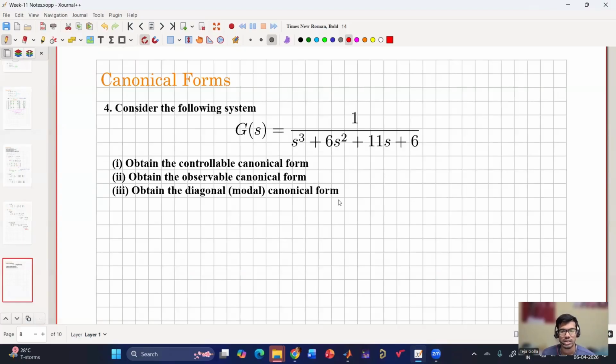Previously we have discussed state space to transfer function is unique. Transfer function to state space is non-unique. So let me rewrite it again. State space to transfer function is unique and vice versa is not.